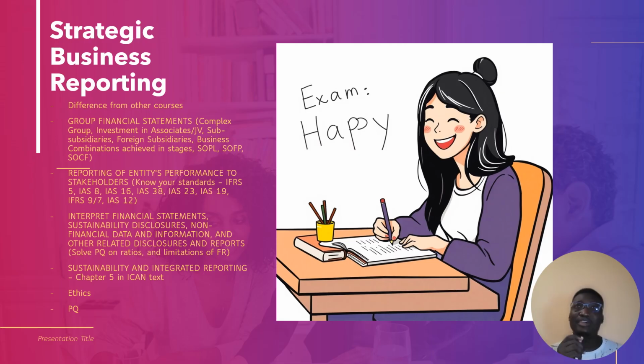In group FS, you have SOPL, SOFP, foreign subsidiaries, business combination achieved in stages, the complex group, that's the D shape, and investment in associates. So it's important that you start group FS as early as possible.